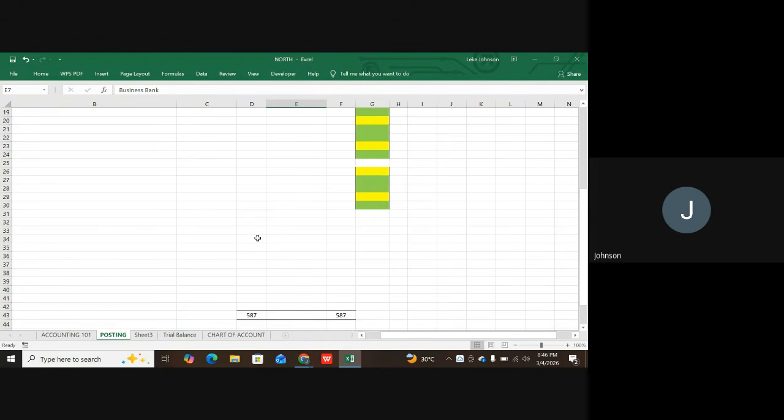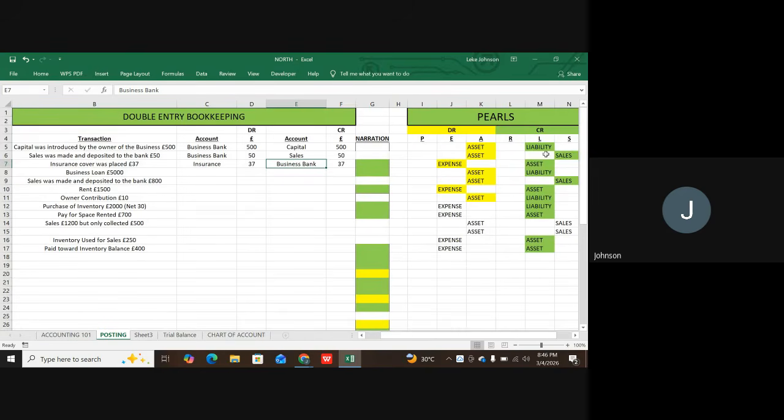Part of the money belongs to the owner. Immediately the owner gave us 500,000, we took that owner's money to the bank, so we debited the bank and credited the owner's equity. Now here we are making payment.